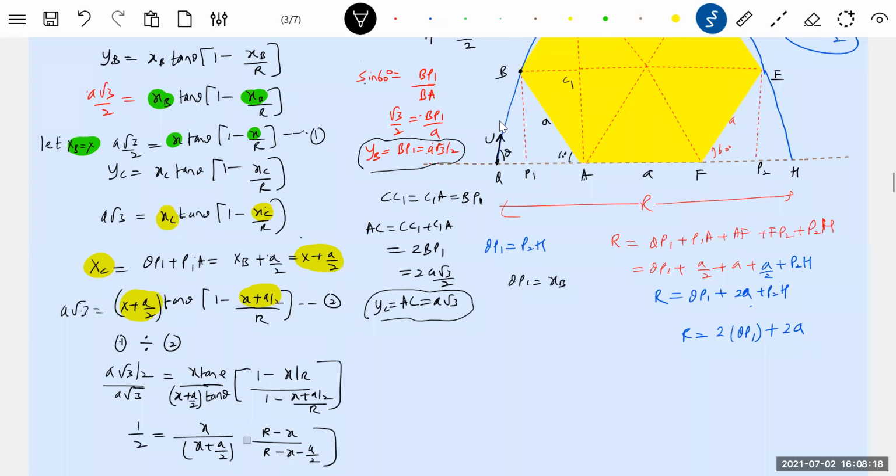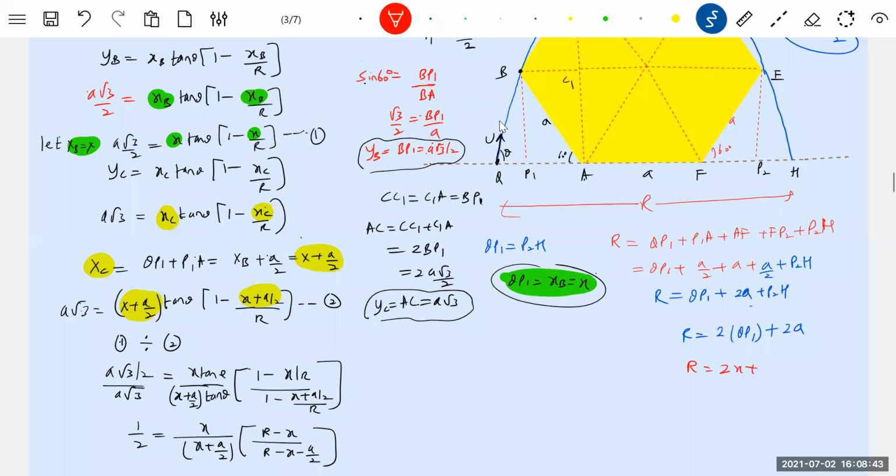What is R? Can we write R in terms of x and a? I think QP1 we assumed it x, no? QP1 equal to XB, which is equal to x. Is it a green color or yellow color? Green color it is. Yeah. So let me come back, I'll write it.